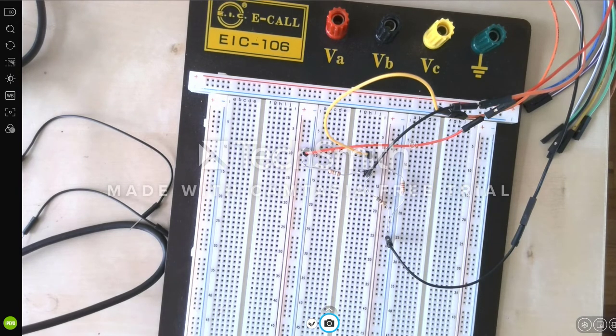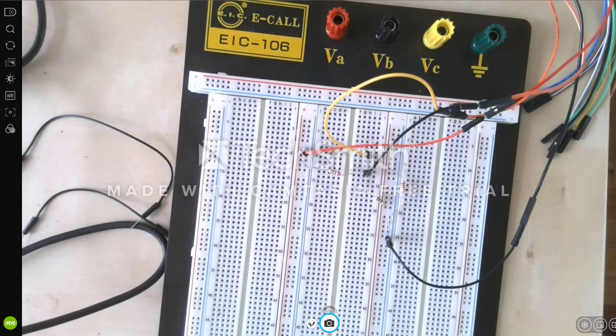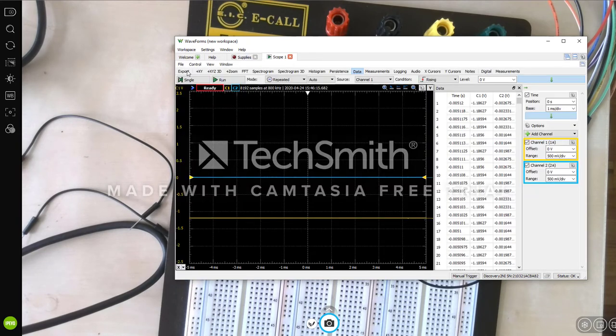All right, that's the fourth circuit, a bit more complex. Let's take the measurement. It's around minus 1.18.